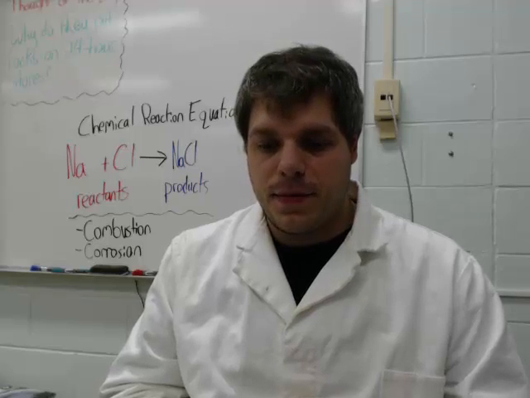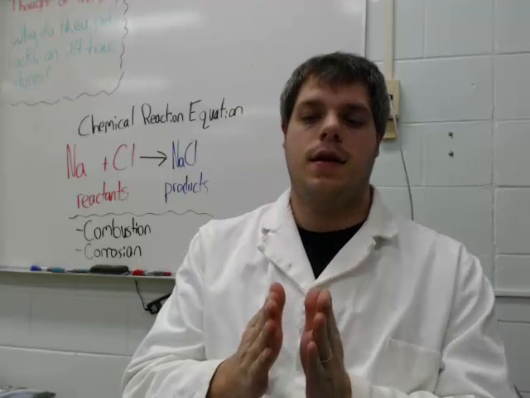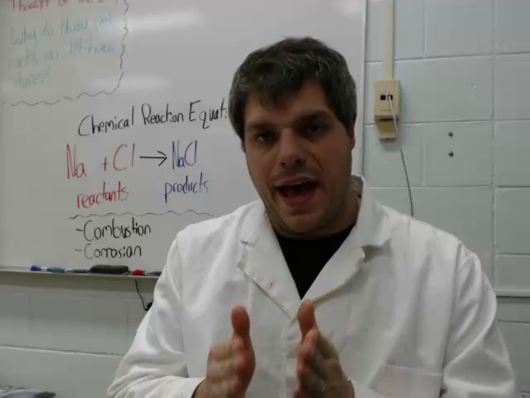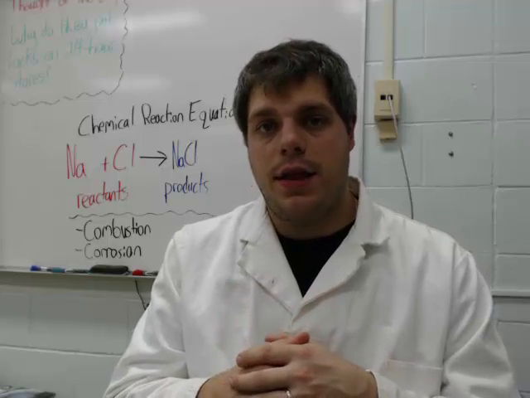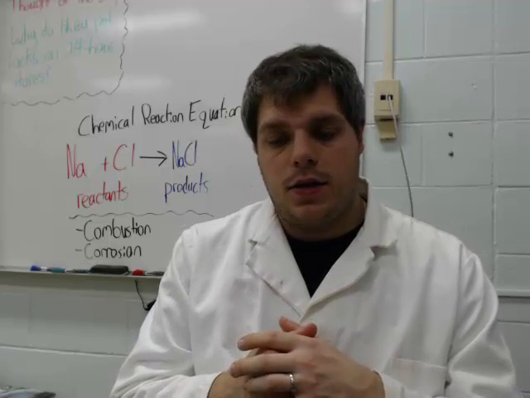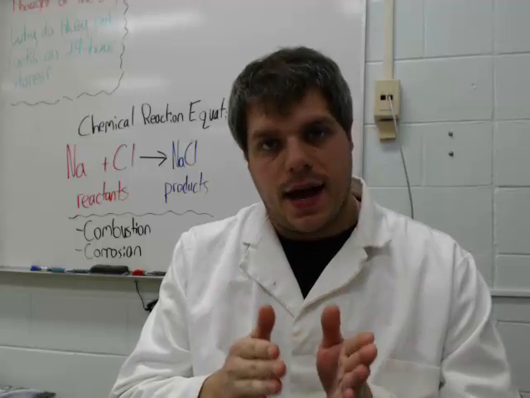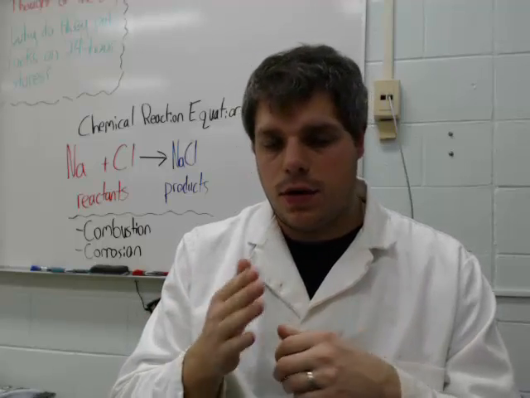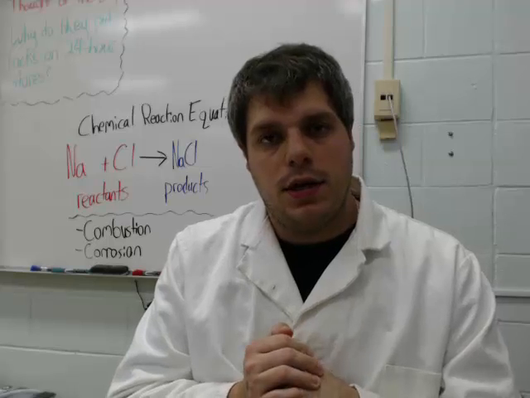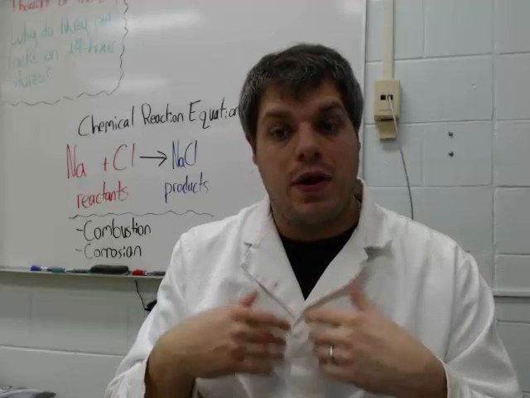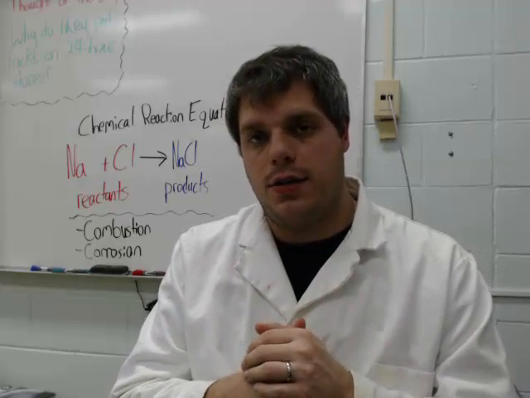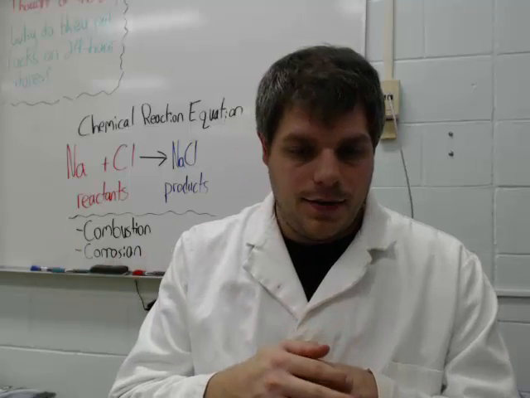So some things will react more readily than other things. Not everything reacts at the exact same chemical rate, and we're going to talk about that more fairly soon, how the rate at which chemical reactions change, but that's for a later video.